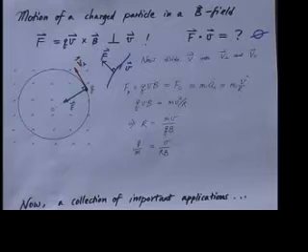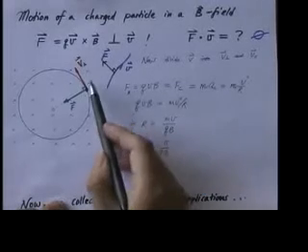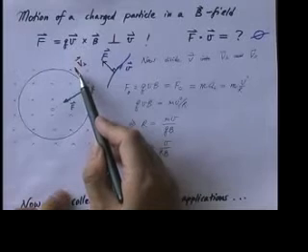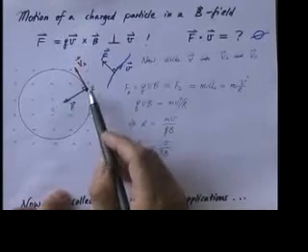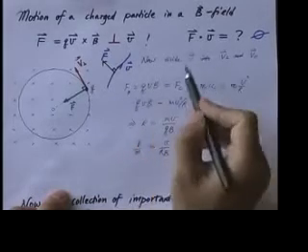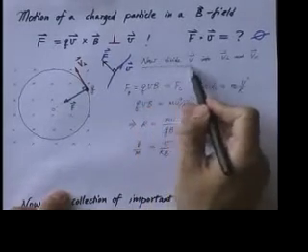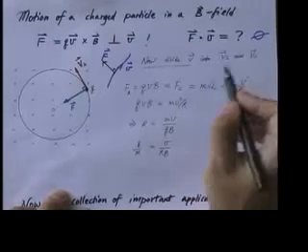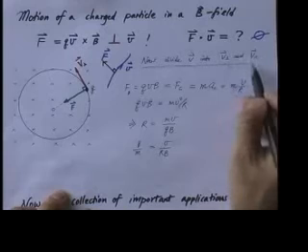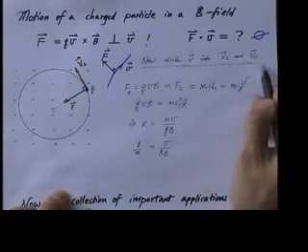Now, in reality, the velocity of a charged particle when it enters a magnetic field may not always be perpendicular to the B field. So in general, we can divide the velocity of a charged particle into two components. One is V perp, the part that's perpendicular to the B field, and the other is V parallel, the part that's parallel to the B field.